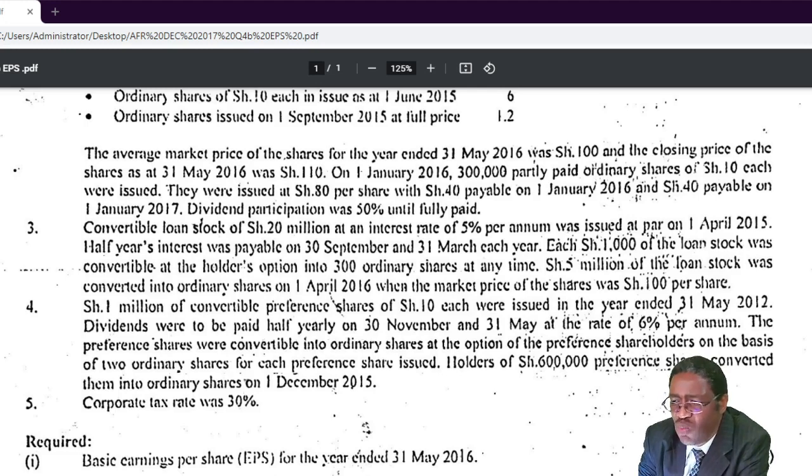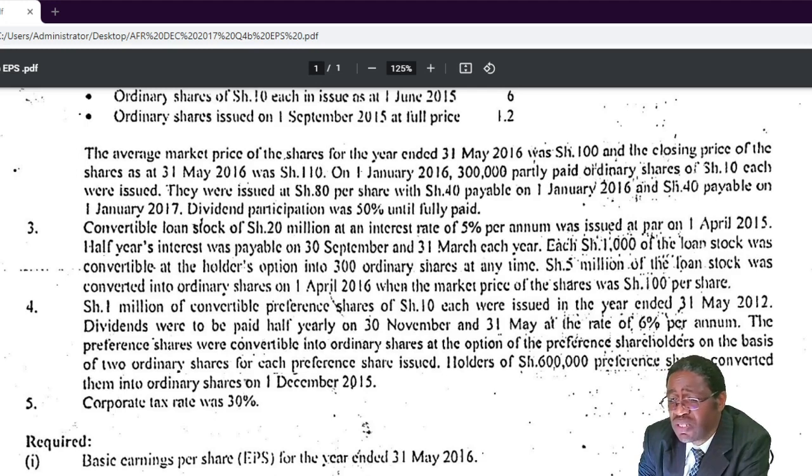Number 4, 1 million convertible preference shares of shillings 10 each were issued in the year ended 31st of May 2012. Dividends were to be paid half yearly on 30th November and 31st of May at the rate of 6% per annum.